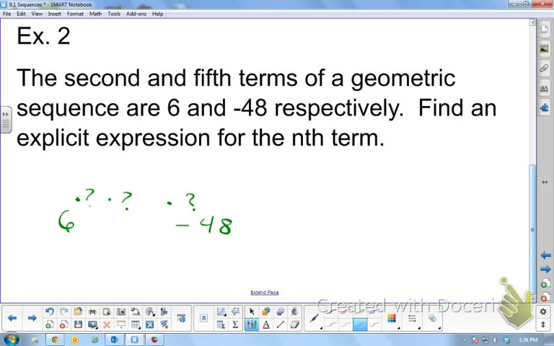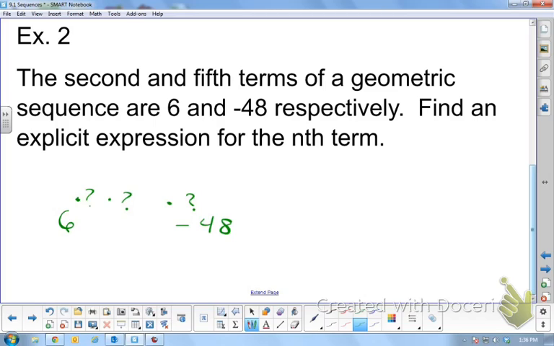We would not divide negative 48 by 3. Divide the difference by 3. We could do that. Negative 48 minus 6 is negative 54. 54 divided by 3 is 18.